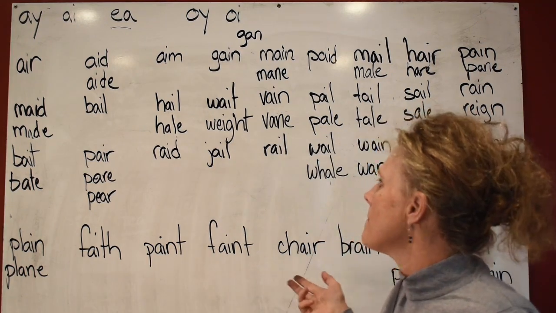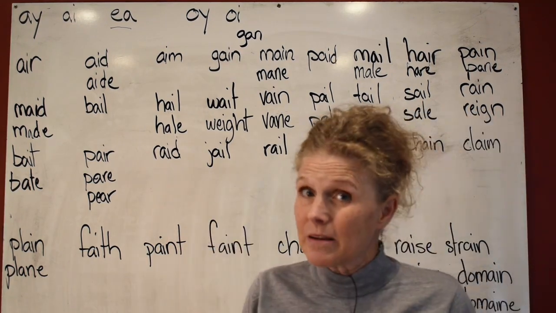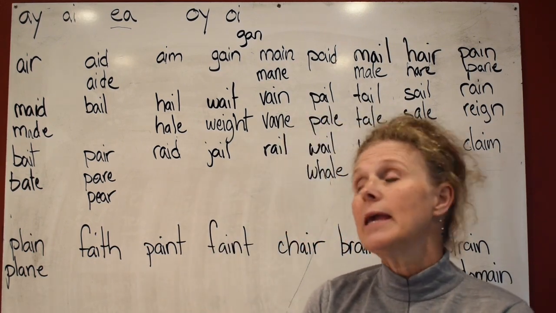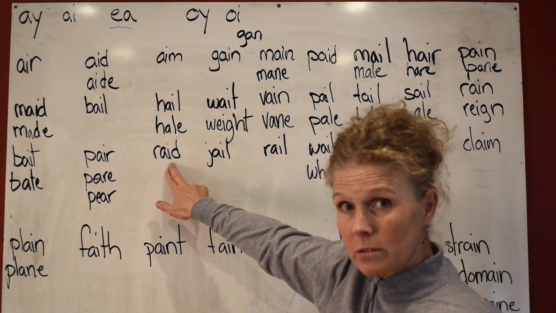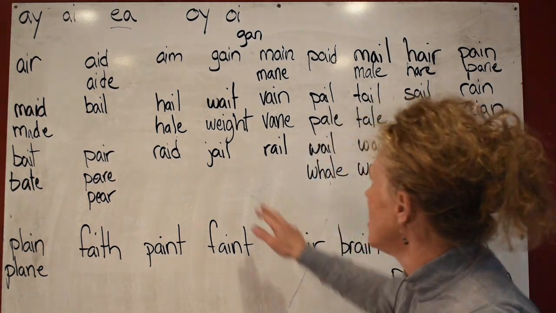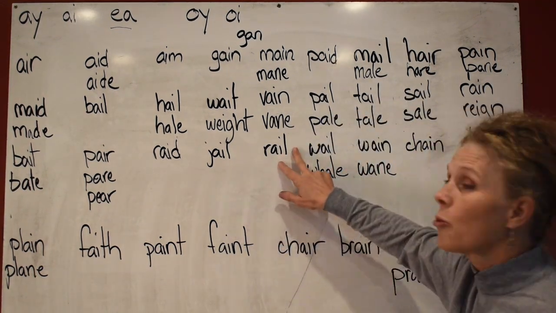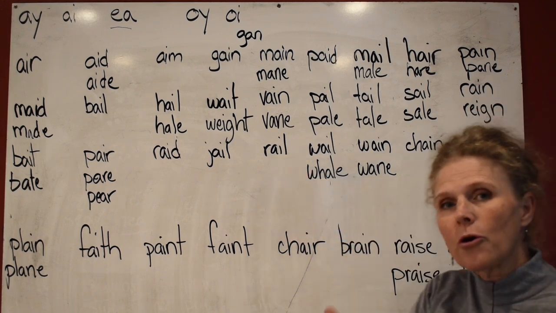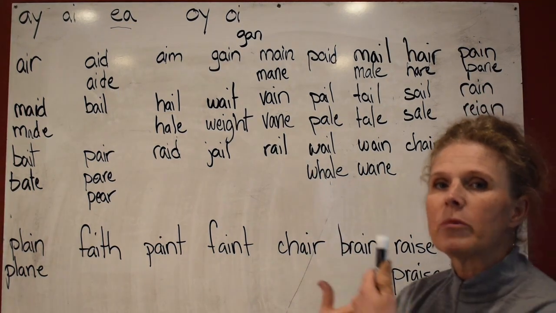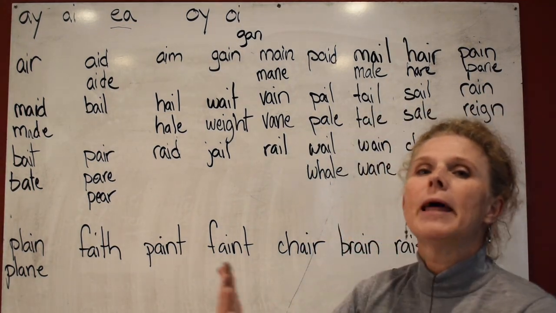But you need to remember that AI says A. And AI cannot be at the end of words. They can only be in the middle of words. Okay? Because I's are not allowed at the end of English words. We have jail, rail. So just blend your words together, blend them together.